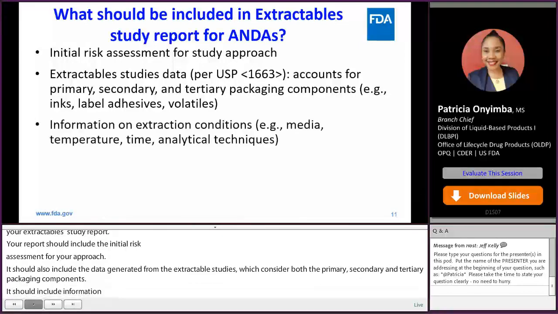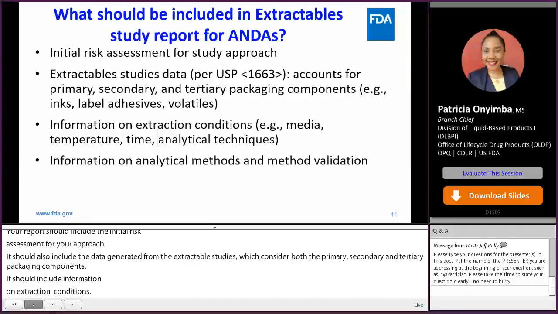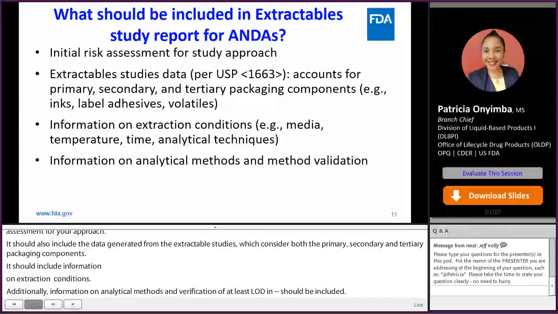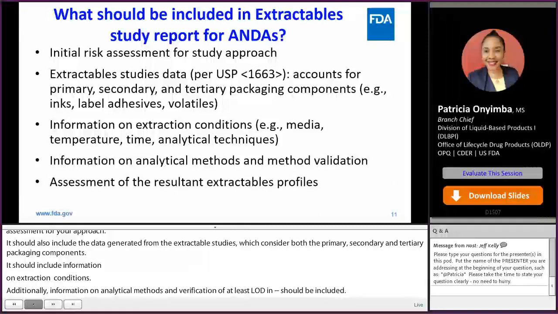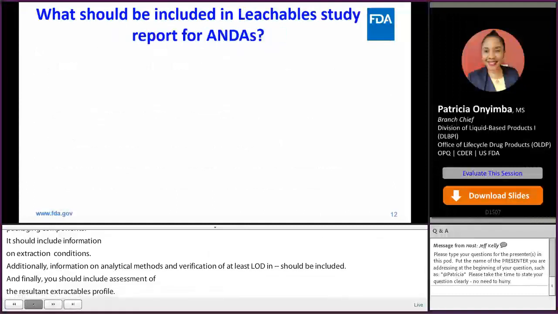It should include information on your extraction conditions. Additionally, information on analytical methods and verification of at least the LOD and LOQ should be included. And finally, you should include assessment of the resultant extractables profile.